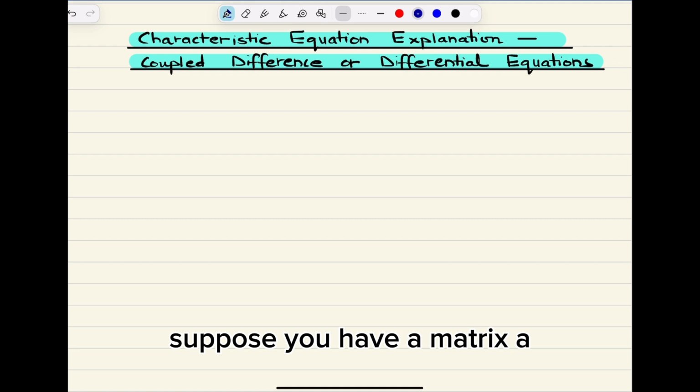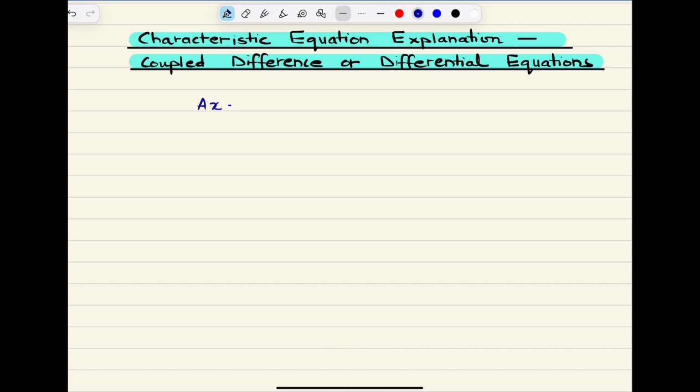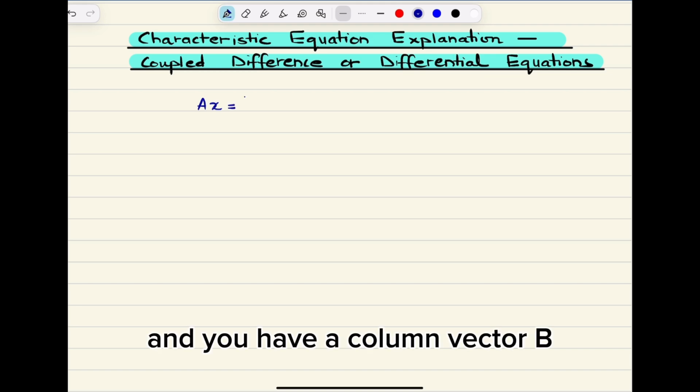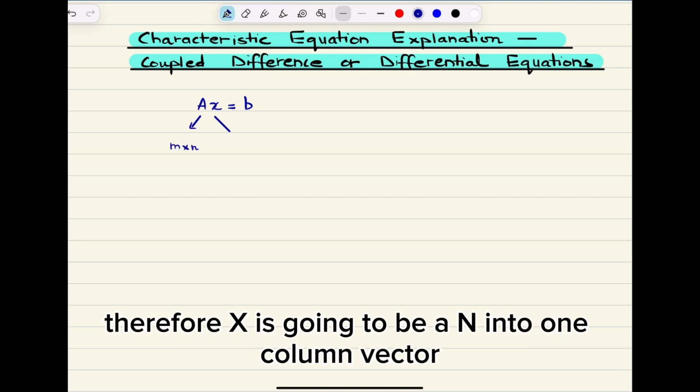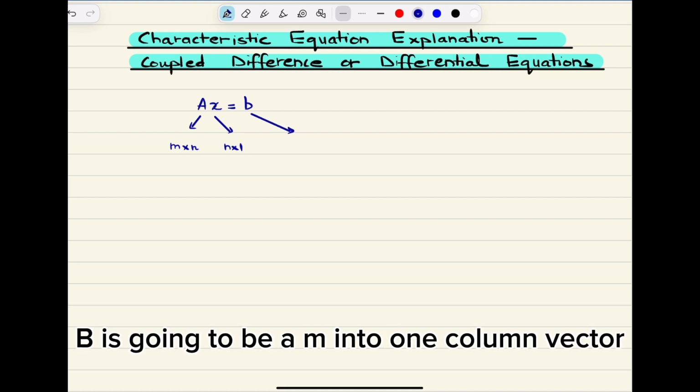Suppose you have a matrix A and a column vector x, and you have a column vector b, where A is an m by n matrix. Therefore, x is going to be an n by 1 column vector, and b is going to be an m by 1 column vector.